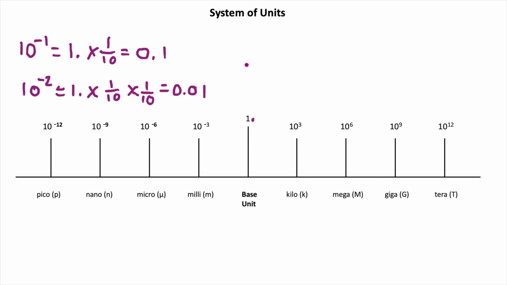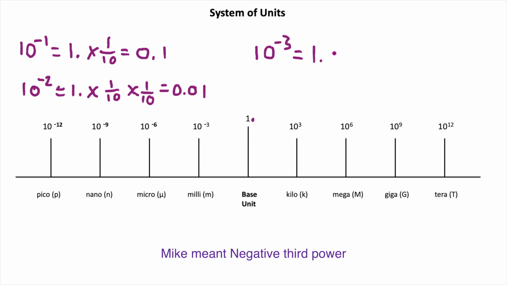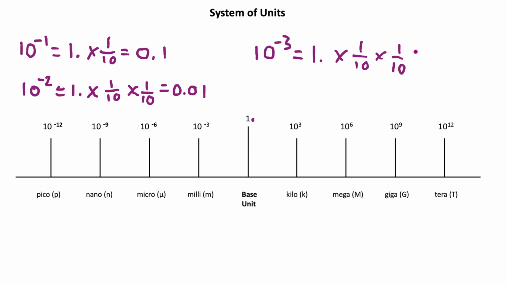Let's finish off with one more example here. Let's say 10 to the negative third power is the same as saying 1 point times 1/10 multiplied by 1/10 multiplied by 1/10. And so this is going to give you 0.001.